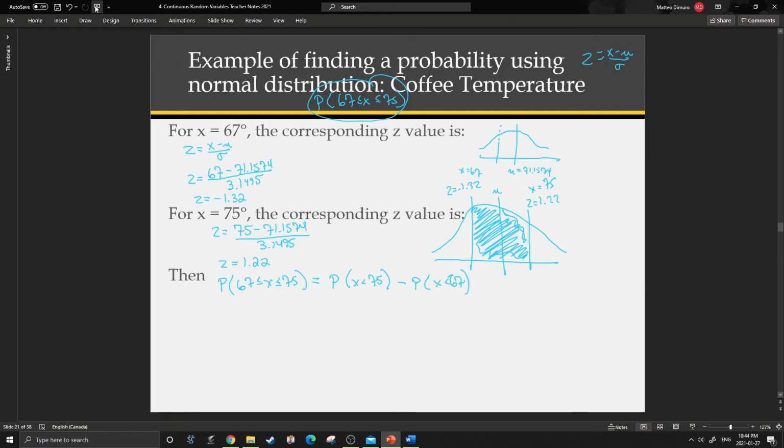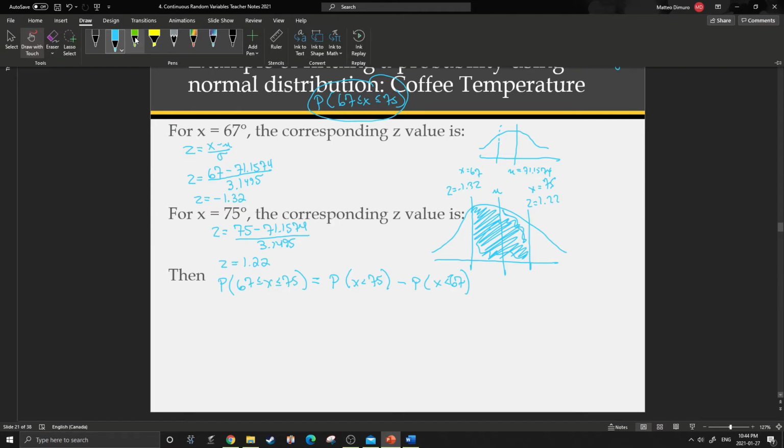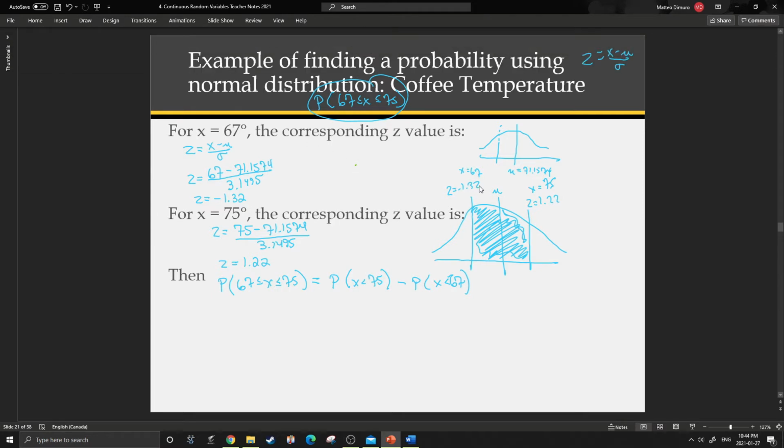Now, why? Well, let's look at our picture here for a second. Use a different color. Remember, this is 67. Our table only gives us the value to the left of every z-score. So if I want to find this middle part, then I look up this score here, but that's going to give me from here all the way there. Okay, so it's going to give me the big green area. So that would be the probability that x is less than 75. The table gives the area to the left.